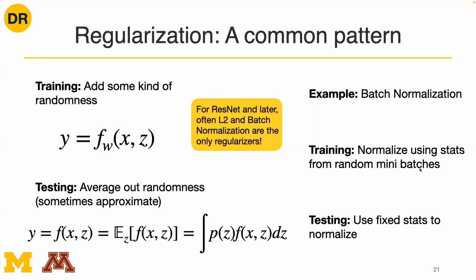It will also depend on the remaining elements in your batch, which are randomly sampled. So you have random noise being added during training in that form. Then during test time, because we usually used fixed statistics across the full training set, that was our form of averaging out the randomness. So at test time with batch norm, we would always get just a single output.